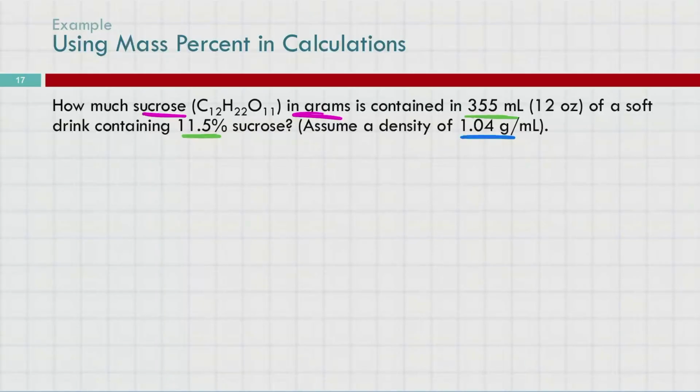Because there's other stuff dissolved in it, it's not exactly pure water. So we are starting with milliliters of soda, we're going to grams sucrose, which is sugar.